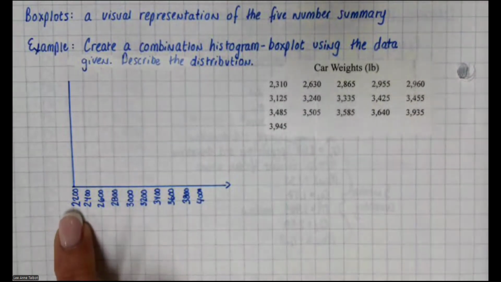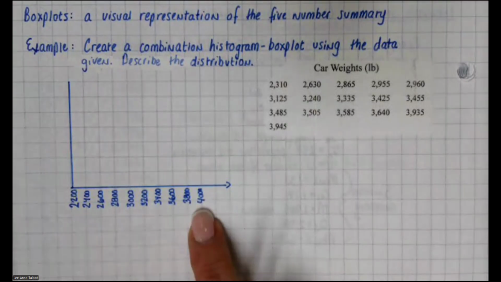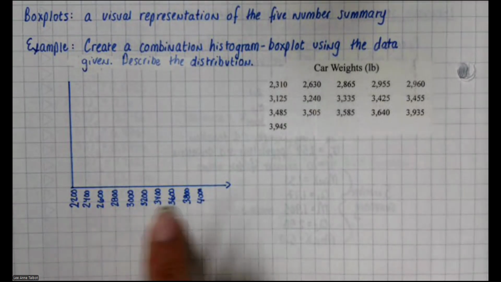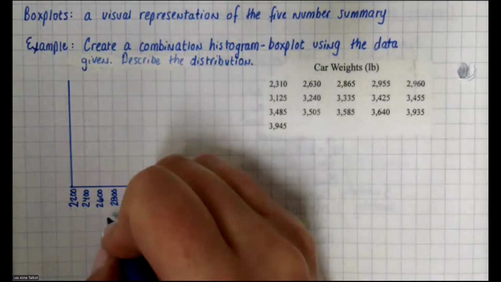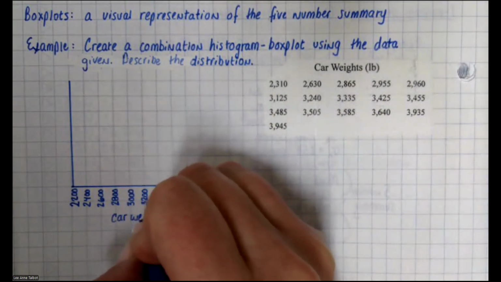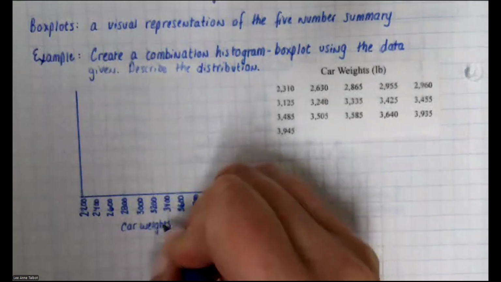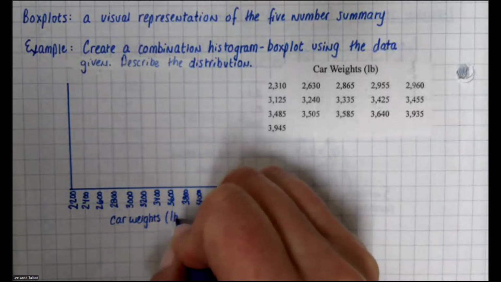Okay, so I went below my lowest number and I went above my highest number, and that's not a crazy amount on the x-axis. And I'm going to write car weights in pounds.